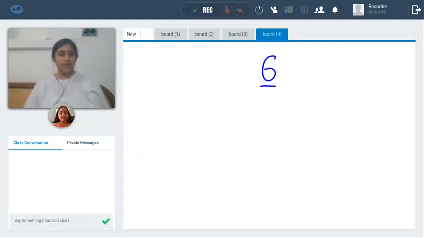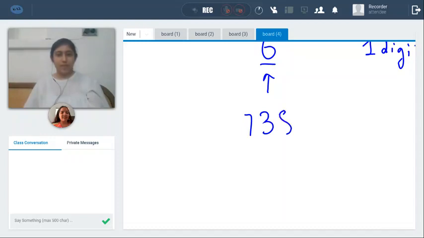So we have digit 6. So how many digits are there? Only one digit. Very good. There is only one digit over here. Let me give you one example. Tell me how many digits are there in 738? 3 digits. Very good. 1, 2, and 3. So there are 3 digits, right?